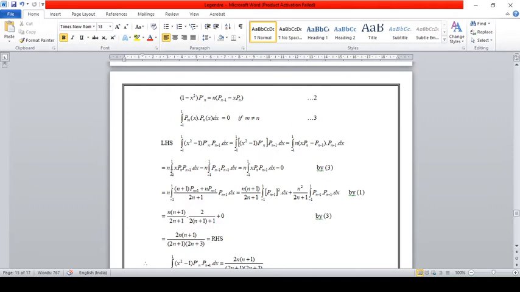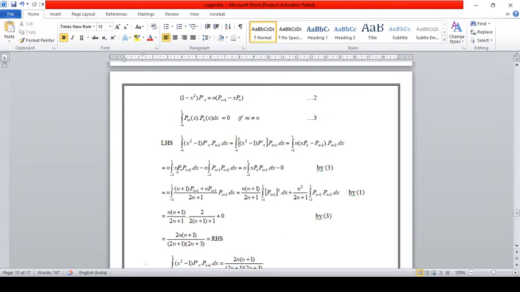Now solving, n is constant: integration from minus 1 to 1 of x Pn Pn plus 1 dx minus n integration of Pn minus 1 Pn plus 1 dx is equal to, Pn plus 1 multiplied here, and we have these two integrations. The last integration is 0 from the third equation, since m and n are not the same.